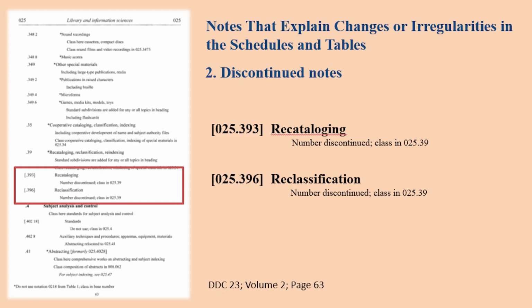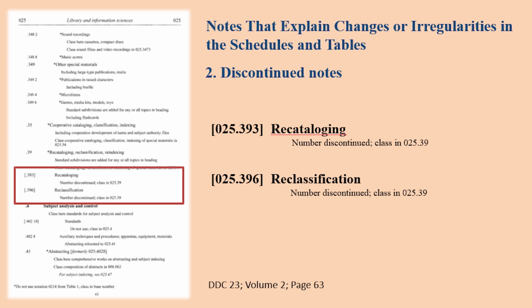And finally, do not use note. It instructs the classifier not to use all or part of the regular standard subdivision, but instead to use a special provision or standard subdivision notation at a broader number.